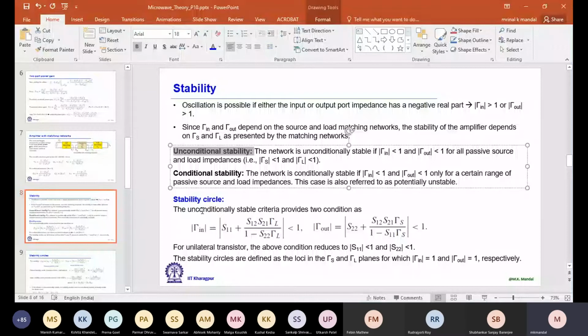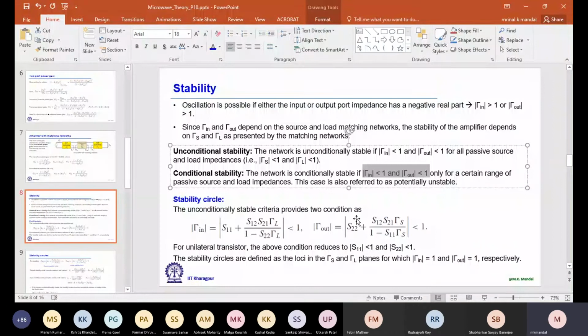Now we can have a different situation. Let's say gamma in is less than 1 and gamma out is less than 1 only for a range of gamma S. We are considering all the possible values of gamma S and gamma L, less than 1 of course, from 0 to 1.